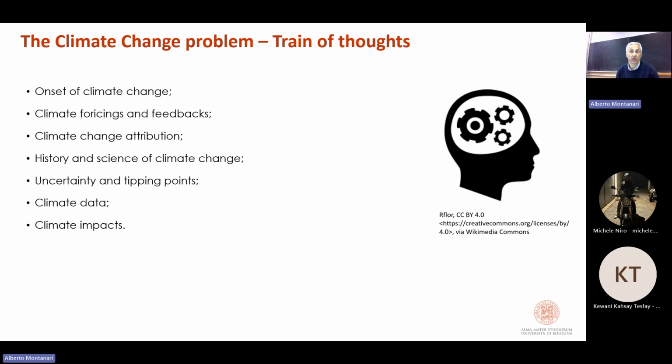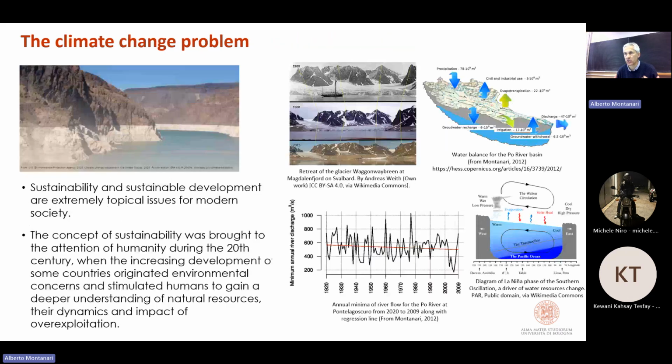In particular, we'll discuss the history and science of climate change, the impact of uncertainty, and the data that we can use, with particular reference to open data. There are some parts of this lecture that have been already discussed by me, and of course, in this part, I will jump straight to the conclusion, or will skip them.